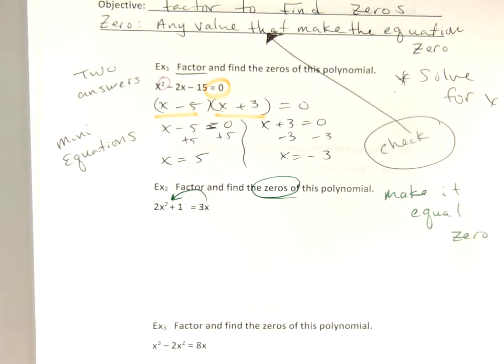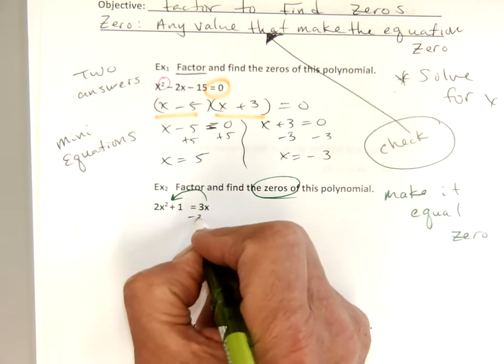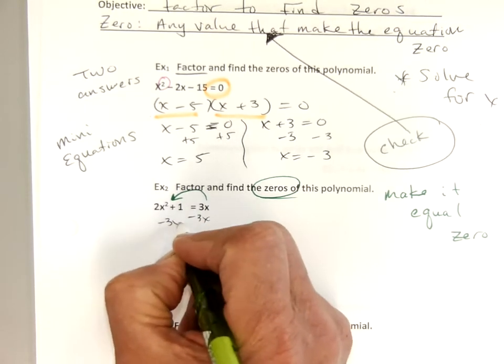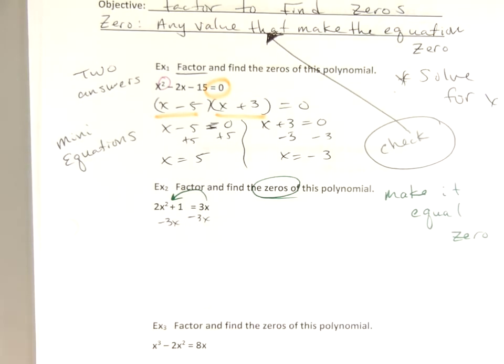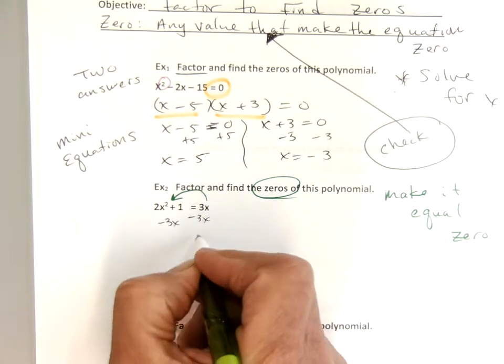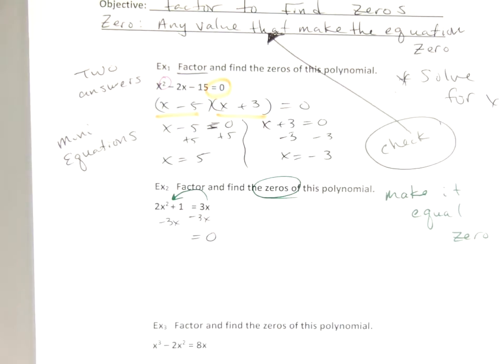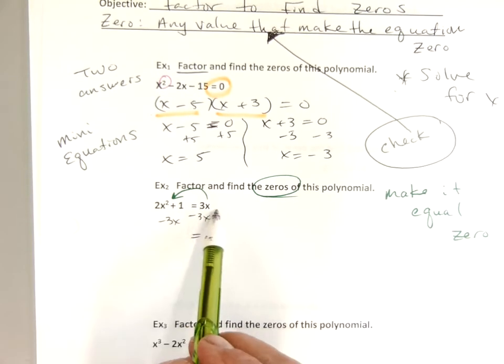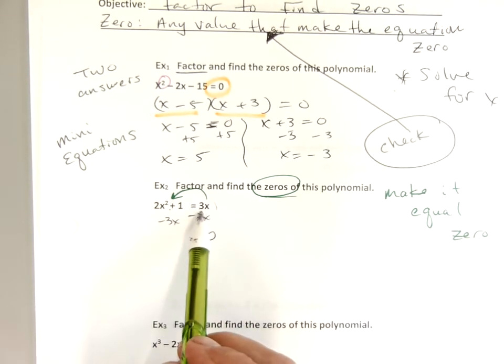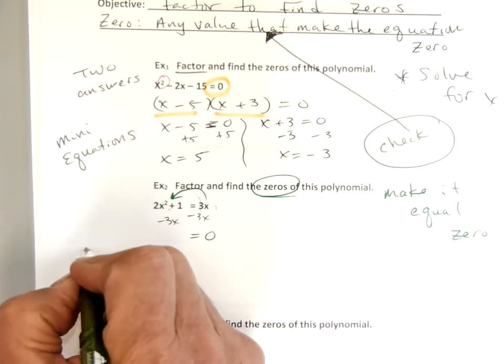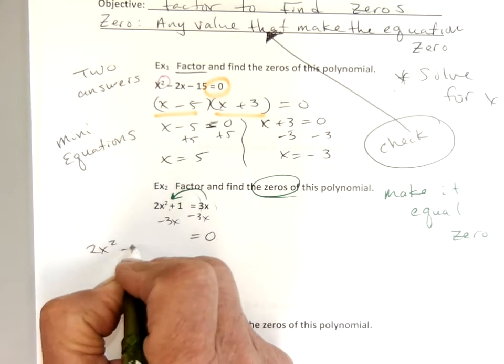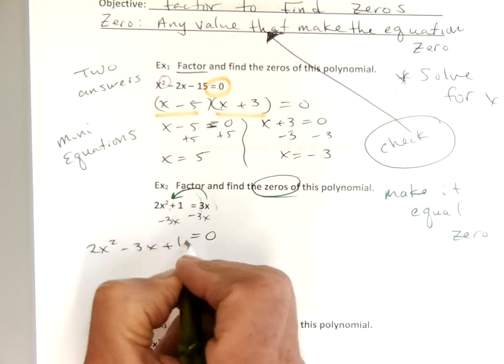I subtract it, don't I? If I minus 3x, it brings it over and makes it equal to 0. That's what I need. I think by the time we're in Algebra 2, we can just say bring it over. And how do you bring it over? You just subtract it. You guys agree with that? So I'd have 2x squared minus 3x plus 1 equals 0.